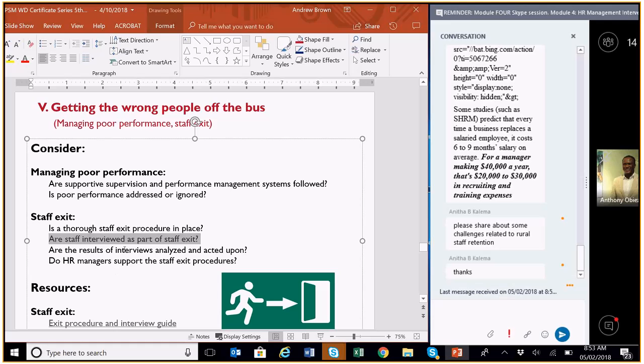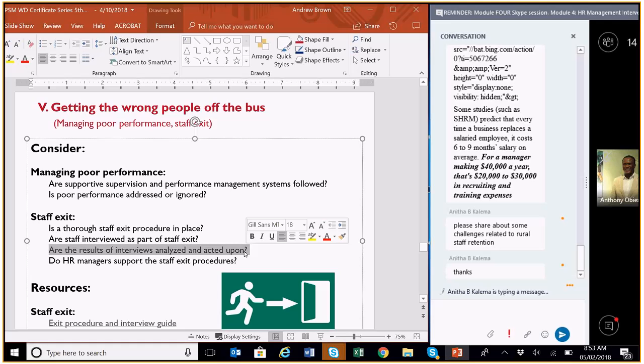But it's not just good enough to have this particular interview take place. You need to analyse the results and make sure management has those results and acted upon them. And my advice is for exit interviews to be conducted for every staff member that leaves, and those results of those interviews to be analysed and a report reviewed by managers every 6 months in order to understand what's happening.